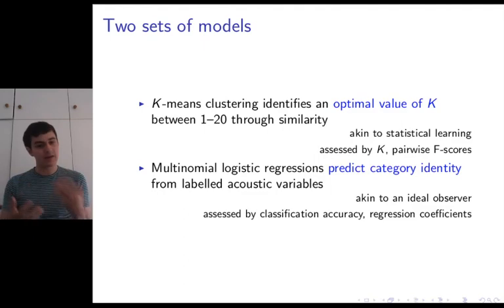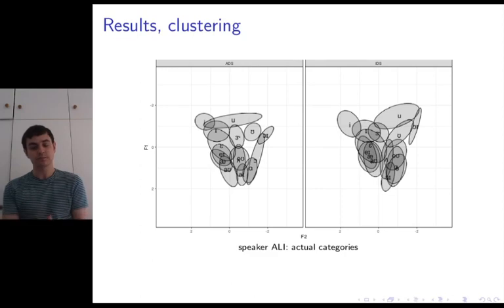If you know everything about the data set, what can these statistical properties of the input actually allow you to learn about the category structure of American English? Again, there's an accuracy statistic associated with these models, and we'll look briefly as well at the regression coefficients that came out of these models.